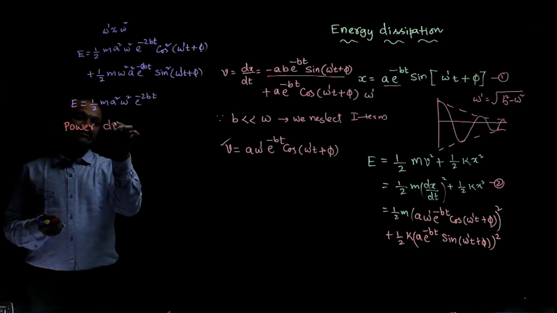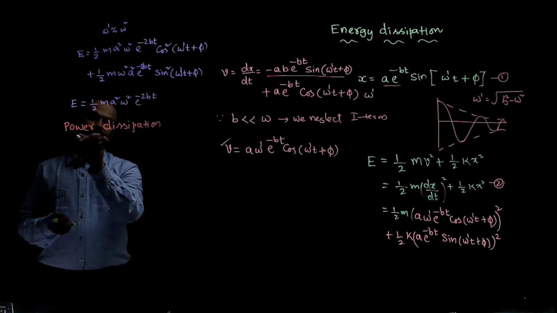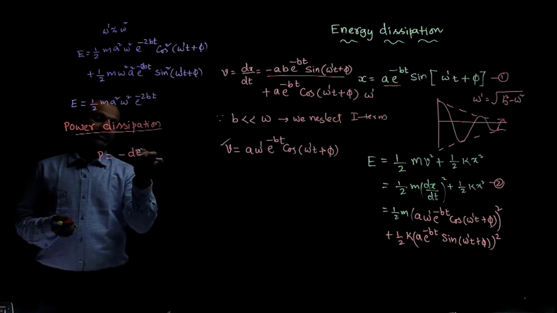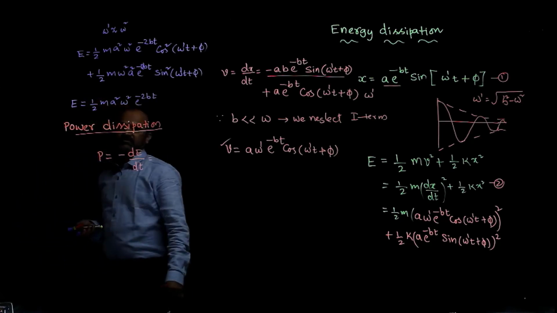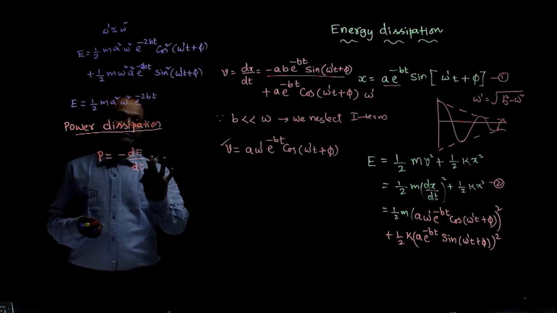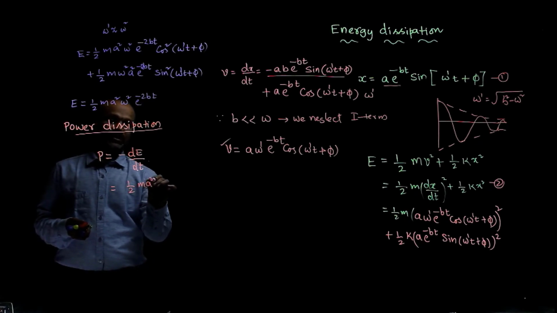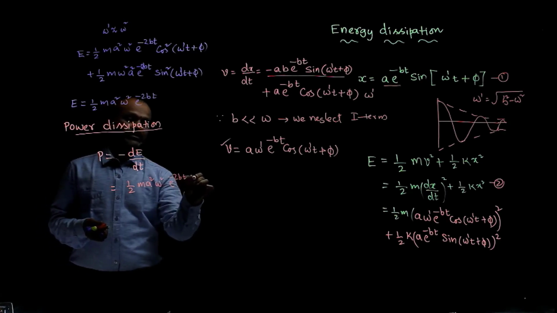What is the power dissipation? So power dissipation P is equal to minus dE by dt, that is the power dissipated. So just differentiate that equation, then you will get half m a square omega square into e power minus 2bt into minus 2b.